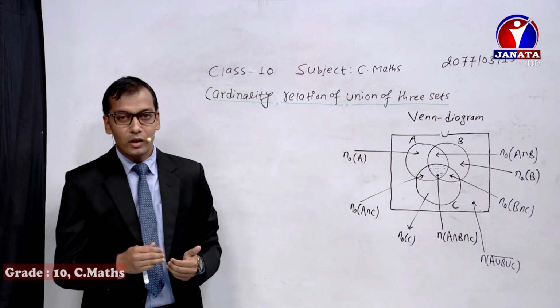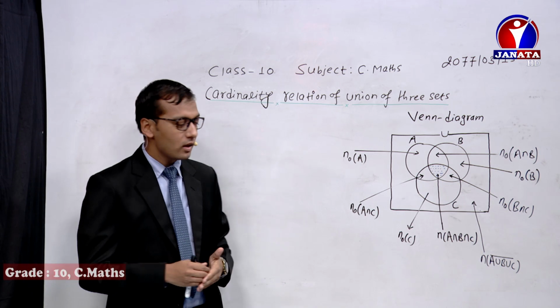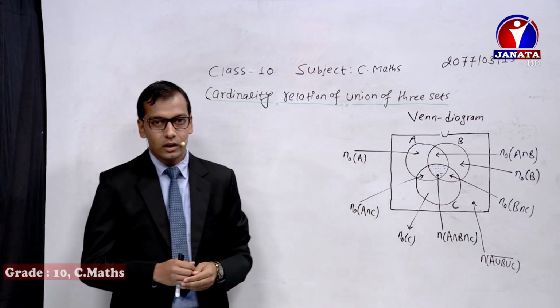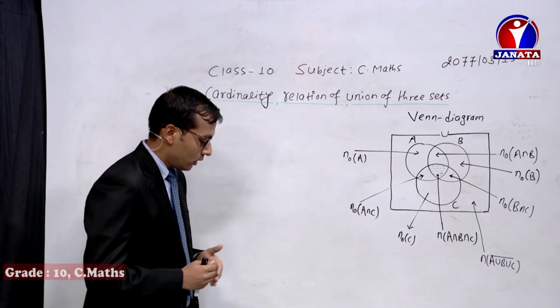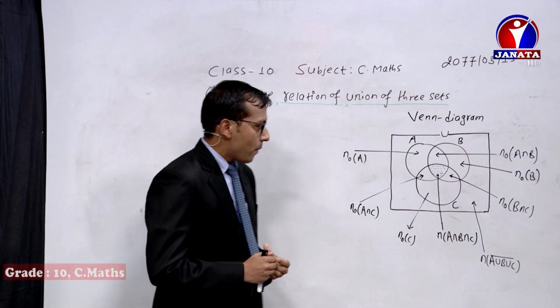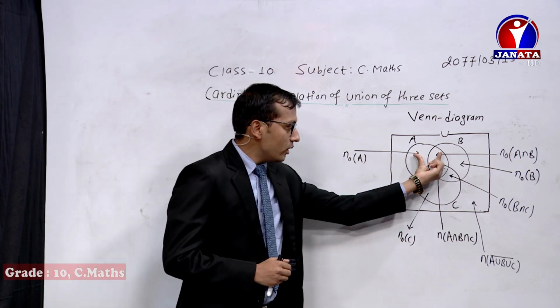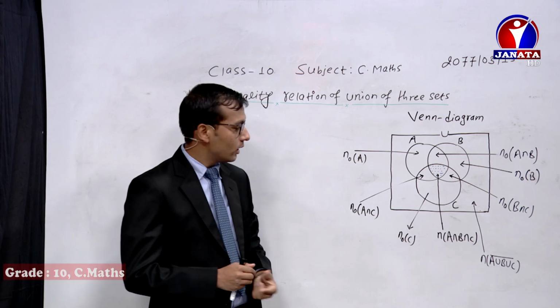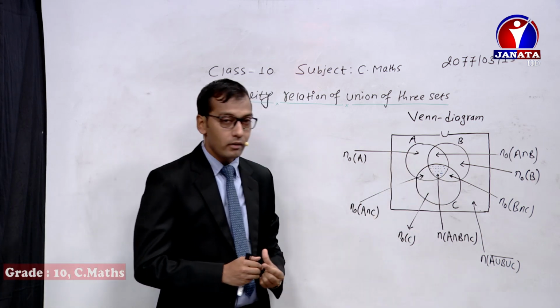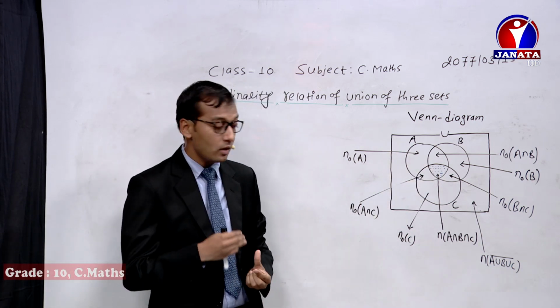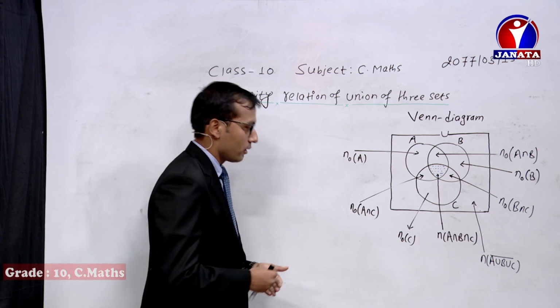So today, in the beginning of the class, let's focus on the Venn diagram on the screen. In a universal set U, there are 8 different regions, which are indicated by different set notations.